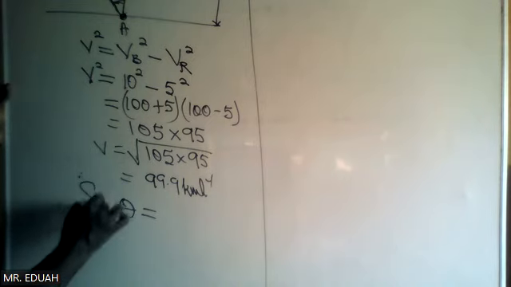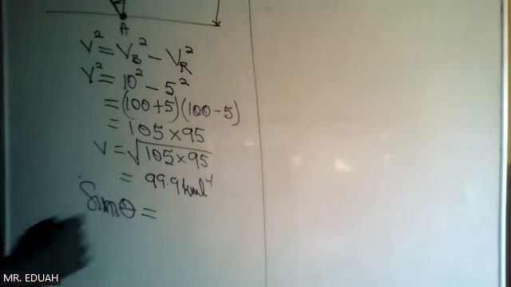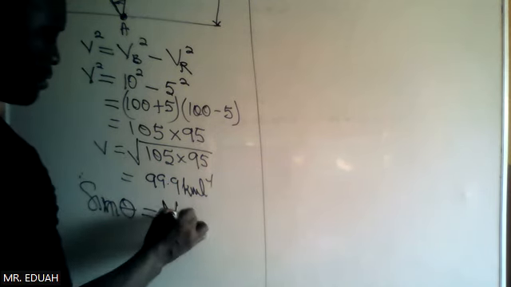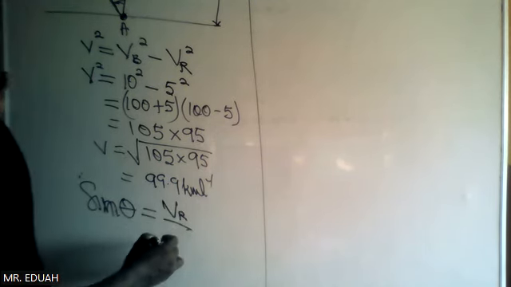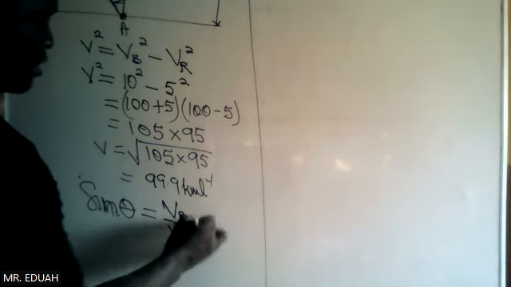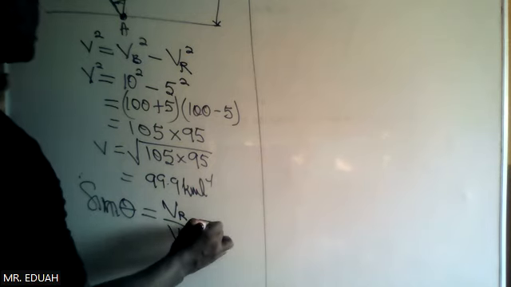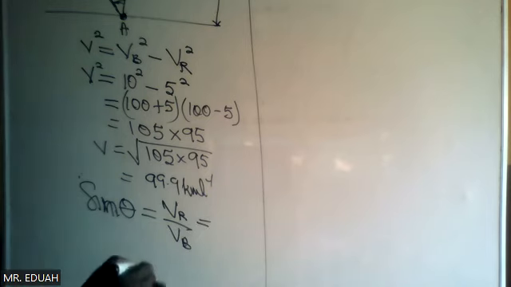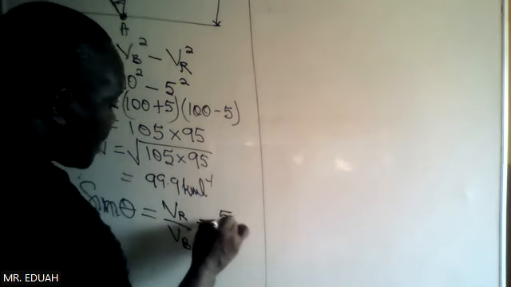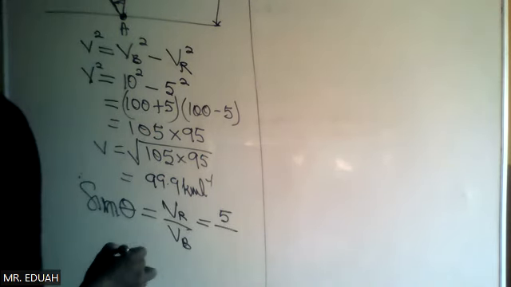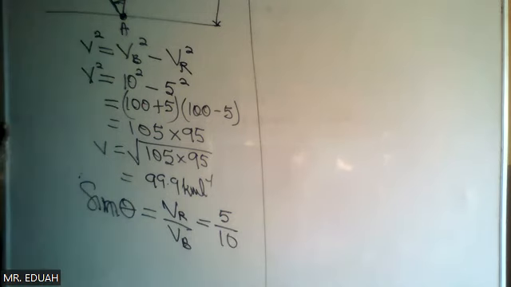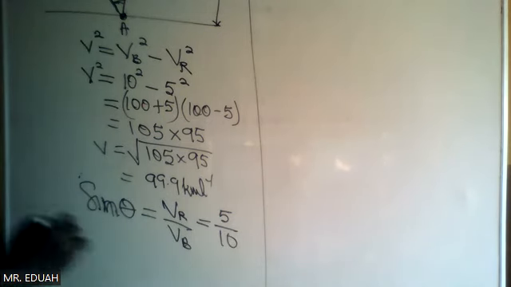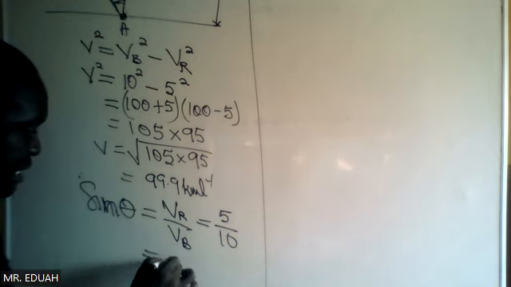If we use sine theta, we have VR on VB. What is VR? Okay, VR is 5. So 5 on 10, so this is 0.5.